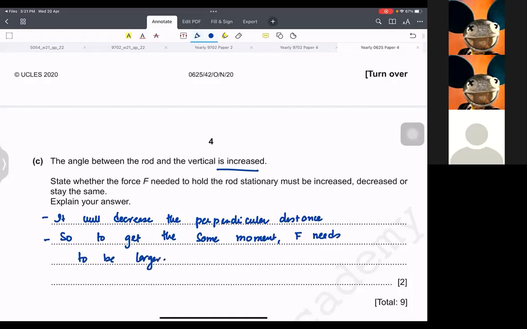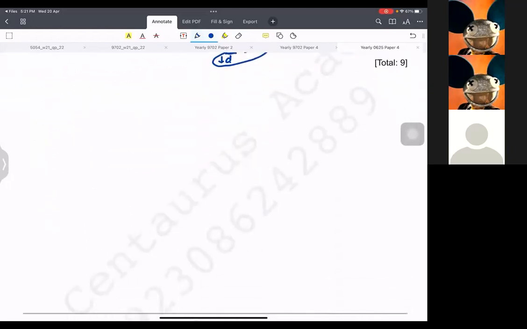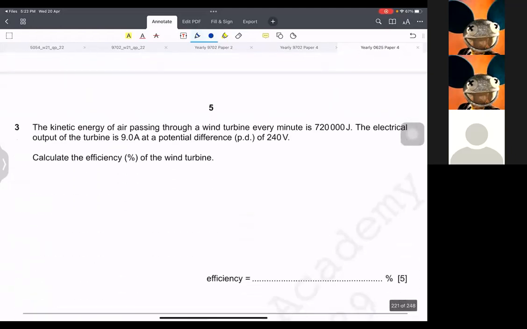All right. Because if you don't know, the moment is force times the perpendicular distance. So they're inversely proportional. A smaller distance means greater force required for the same amount of moment. So you got to remember that.